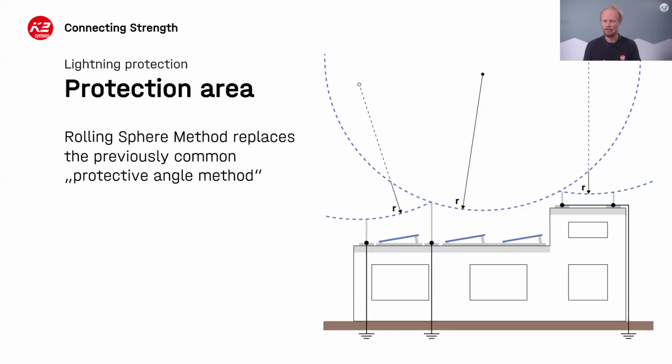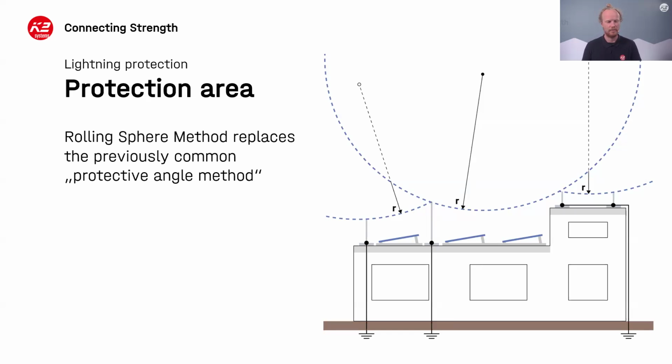That might be the lightning rods sticking out, it might be the tops of the building, it could be a chimney, but whatever this ball can touch is susceptible to a lightning strike. And everywhere the ball cannot touch is considered the protection area or a safe zone.